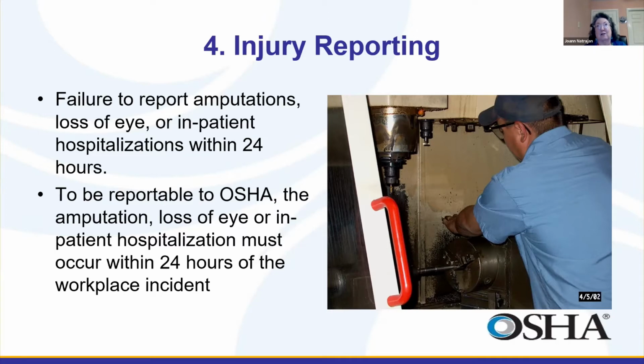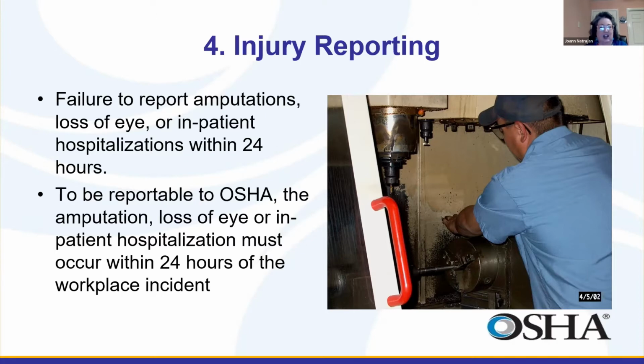Okay. So the flip side of that is occasionally you may have somebody that gets their finger squished, and you send them to medical, the ER, or wherever you're going to send them. And they look at it and they say, we're going to try and save this finger.